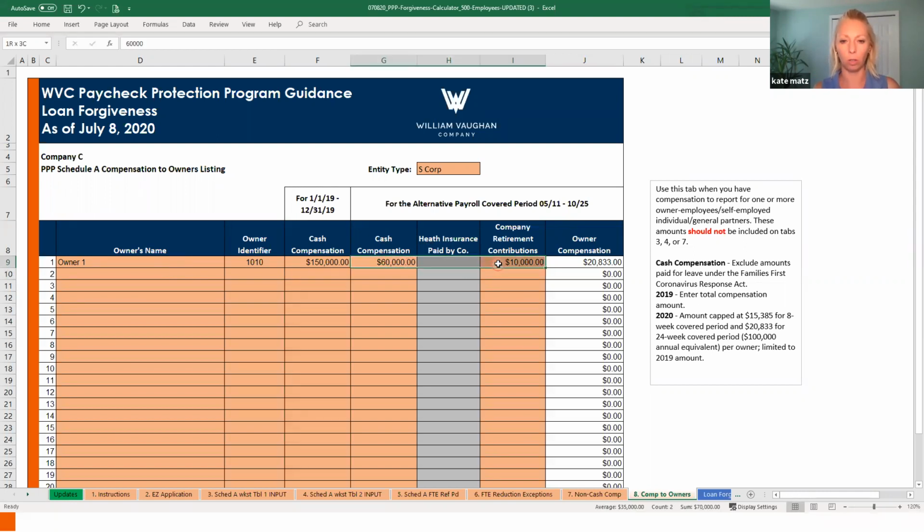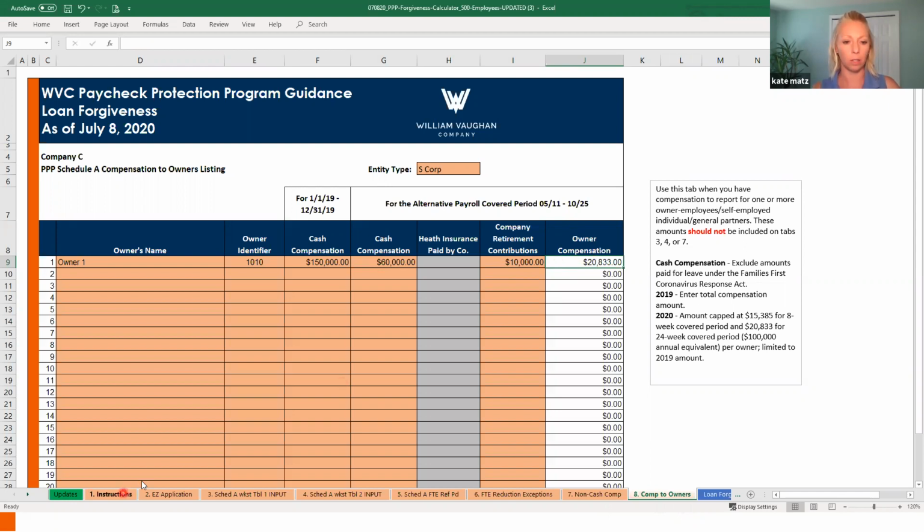However, our total dollars of compensation for this owner were $70,000 for the period. But what's actually counting in our forgiveness calculation is $20,833. So this is a limitation. Again, one of the more recent guidance that has come out, our owner's compensation that is included for forgiveness is limited to $20,833. So you see that cap there.